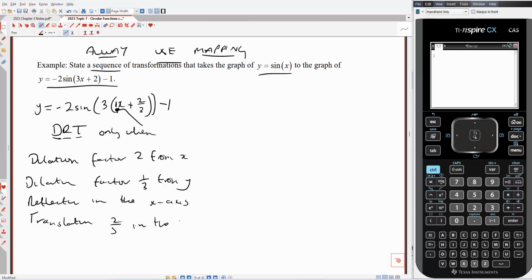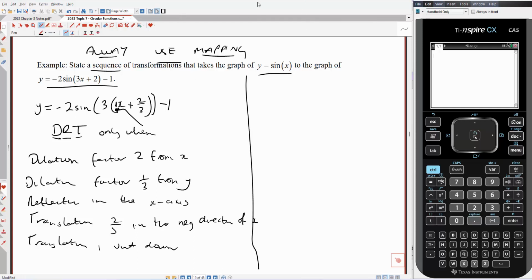Okay, so it's 2/3 in the negative direction of x, or 2/3 to the left, and it's a translation 1 unit down. Okay, so that's by recognition using function.